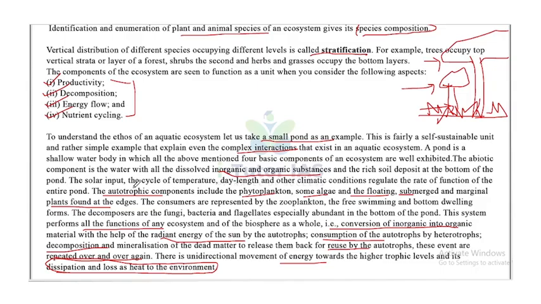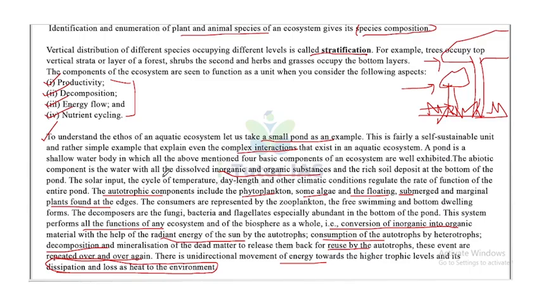So the components of an ecosystem are seen to function as a unit when we consider the following things: productivity, decomposition, energy flow and nutrient cycling. We have explained this using a pond as an example. A pond has both biotic and abiotic components.